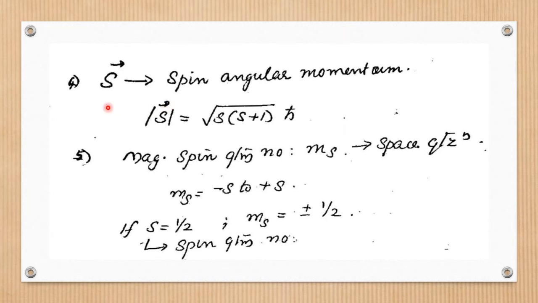When we introduce spin, it is a spin angular momentum, and its magnitude is given by root of s into s plus 1 times h cross, with the magnetic spin quantum number ms. By space quantization, ms has values minus s to plus s. If s is equal to half, ms can have values plus or minus half.